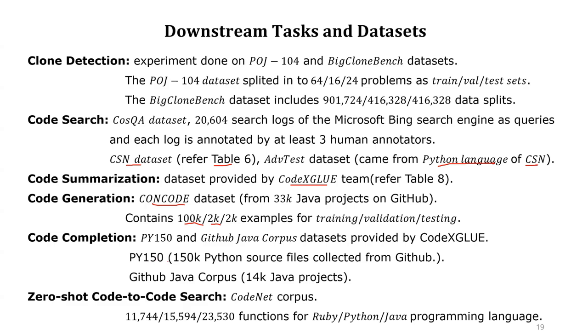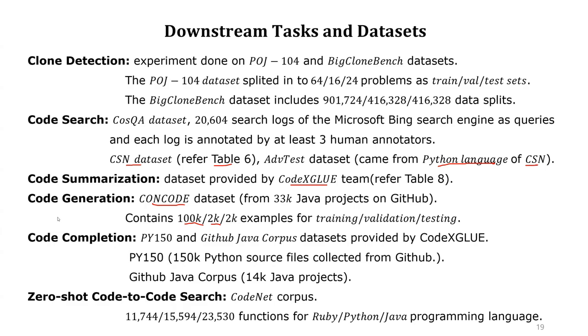This PY150 is just a Python source files dataset, which contains 150,000 files from GitHub. The Java corpus also contains 14,000 Java projects. The code completion data are just in this way.